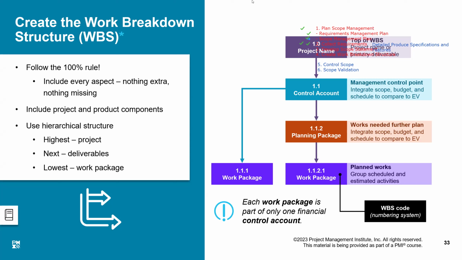The fourth process here in scope is the last process of planning in scope, because the other two processes are in monitoring and control. So this is where we are going to seal the deal as far as scope planning is concerned. Based on our scope statement, we are going to expand on it and break down our project into smaller and smaller parts until we reach the work packages. The work package is considered the smallest unit of the work breakdown structure.